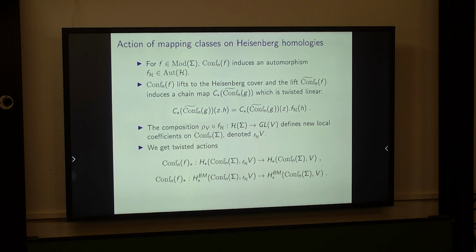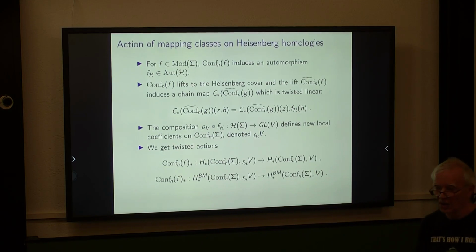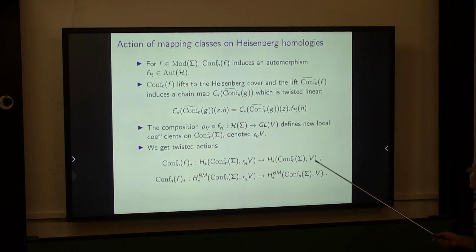Then you get a twisted action, over a change of the local system by this f_H. But indeed, this is a representation not of the modular group, but of a modular groupoid. If everybody likes categories and functors, it can be formulated this way. It's not a native group representation, but by the way, we will show later that with a convenient V, this can be modified so that it is indeed a native action.